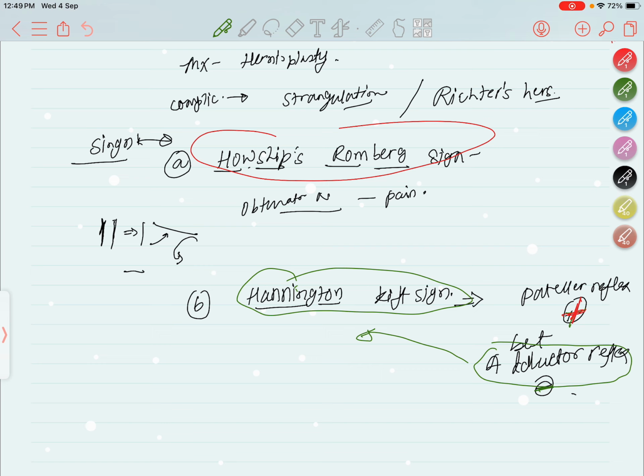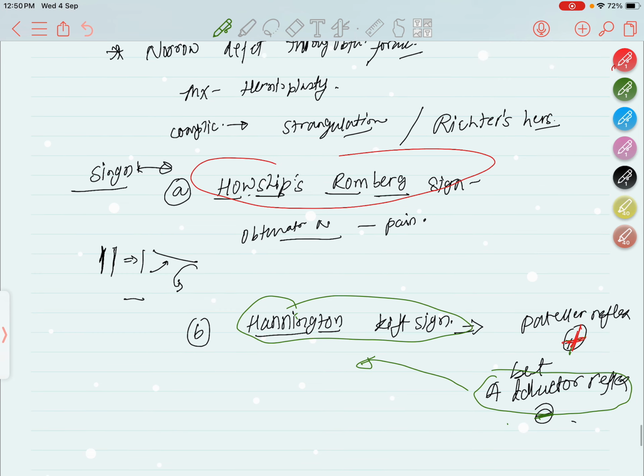The contraction of the adductor magnus muscle causes the thigh to adduct. So this was our adductor and patellar reflex theory.